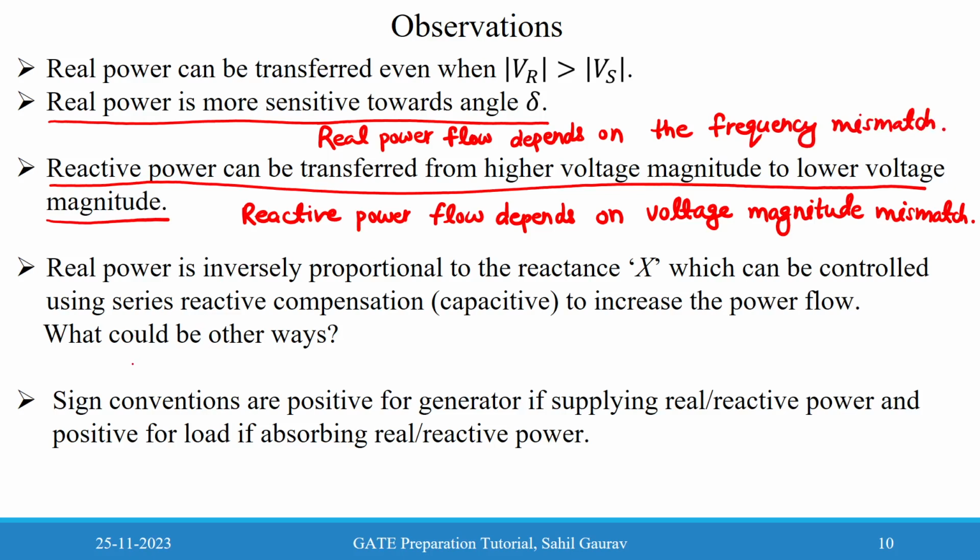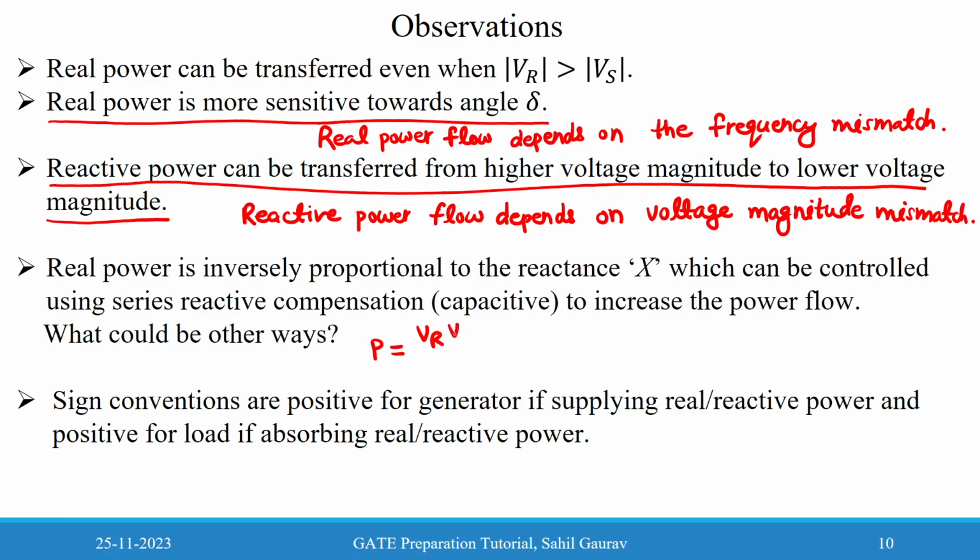And the fourth point is that real power is inversely proportional to reactance X, which can be controlled by using series reactive compensation to increase the power flow. We have seen that real power is VR into VS divided by X sine delta.